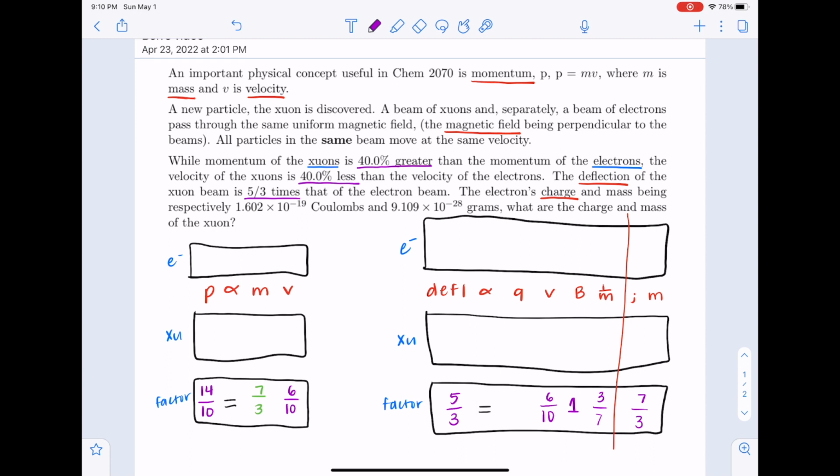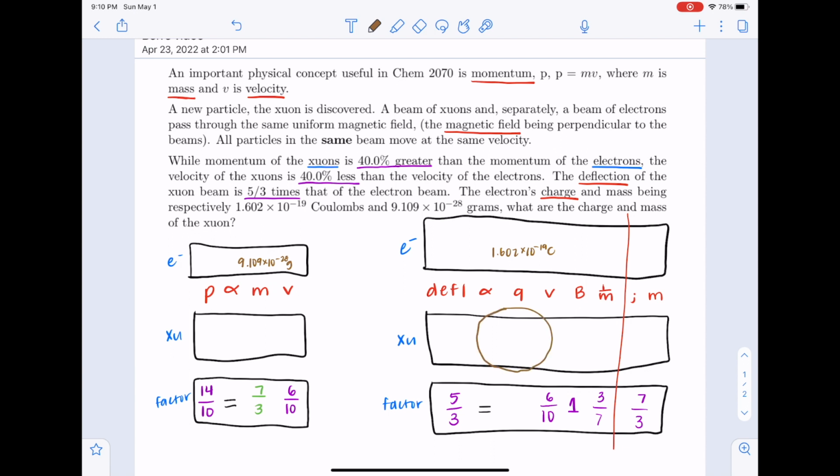Now that we have the information in the problem about the factors, let's see what information they give us about any values we can use in the top box. So we see that they give us the mass of the electron, so we can write that one in. And then they also give us the charge too, so then we can write that in above the charge variable in the table. And then we see that the problem is asking us to find the charge and the mass of the gluon.